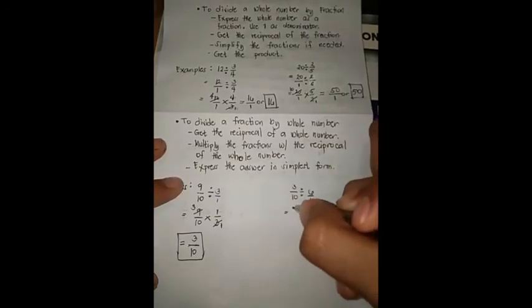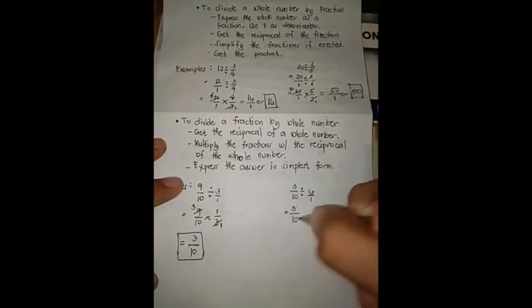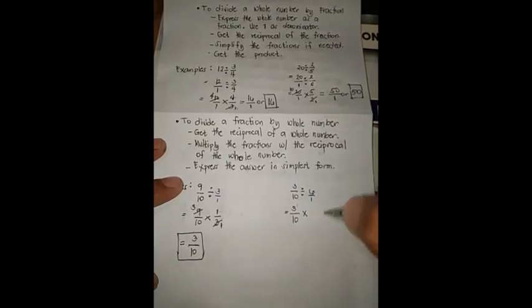So, 3 over 10 times the reciprocal of the whole number, which is the 1/6. And then, apply cancellation method kung pwede. 3 and 6 have common factors by 3. So, 3 divide 3, we have here 1, and 6 divide 3, we have here 2.